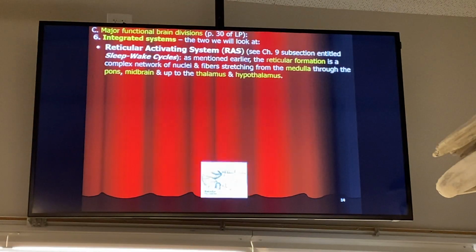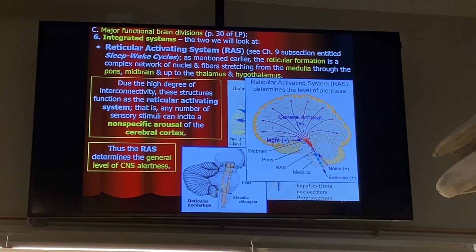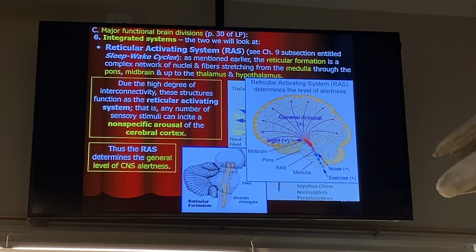Okay. And then the other system is the reticular activating system. Now let me kind of describe the terms. This term is an anatomical term. You can actually see this oblong collection of gray matter. When you can see it, that's a reticular formation.